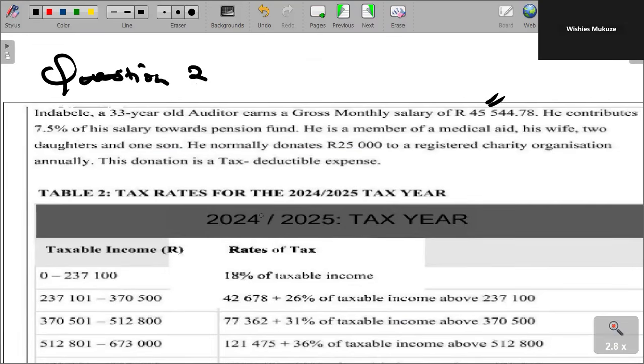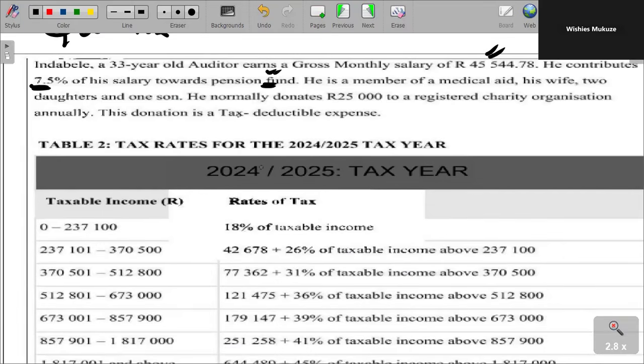He contributes 7.5% of his salary towards a pension fund. He is a member of medical aid, with his wife, 2 daughters and 1 son, 3 people. He donates 25,000 to a registered charity organization annually. This donation is a tax deductible expense.